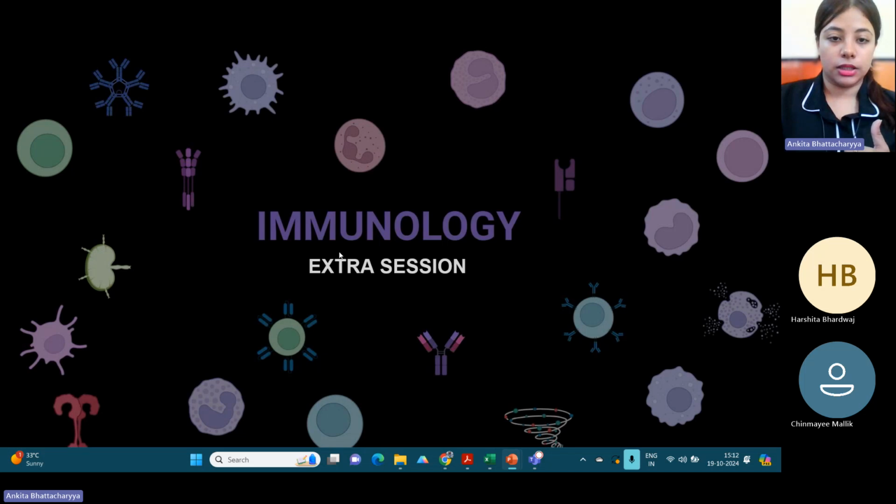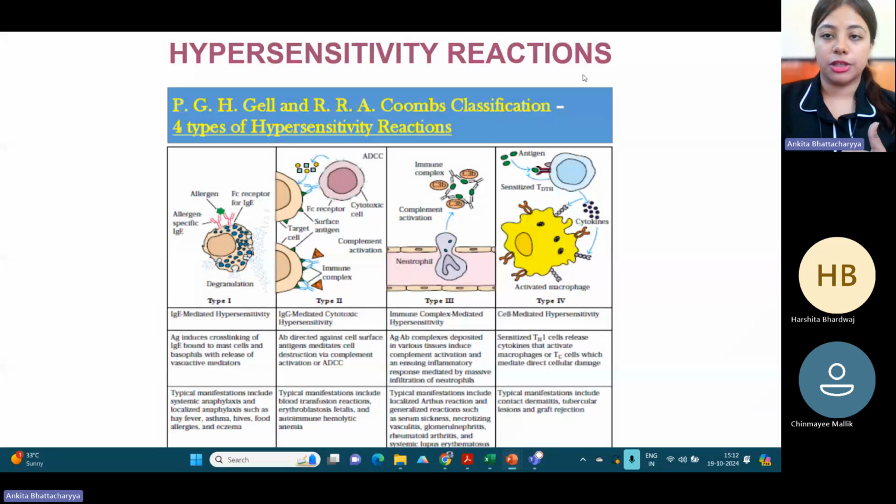Okay, so just to quickly brush up on what we had already discussed, these are the types of hypersensitivity reactions we are already familiar with, type 1, 2, 3, and 4. Type 1, 2, and 3 are the reactions elicited immediately as an immediate response of the immune system, versus type 4, which is delayed type hypersensitivity, which sets in much later.